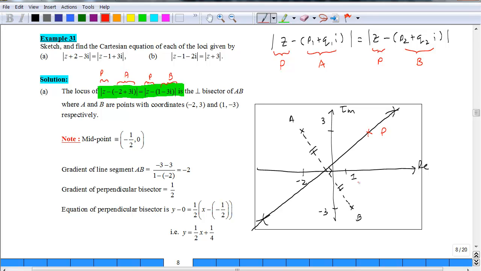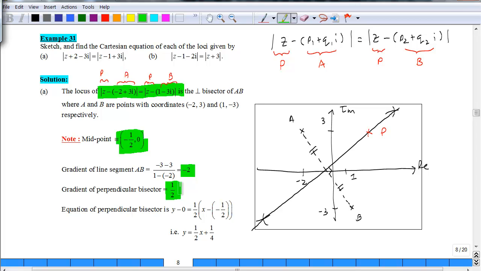You can always find the midpoint joining the line segment A and B. You can also find the gradient of the line segment AB to actually get the gradient of the perpendicular bisector, which is in this case this value.